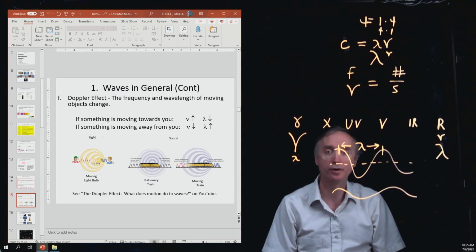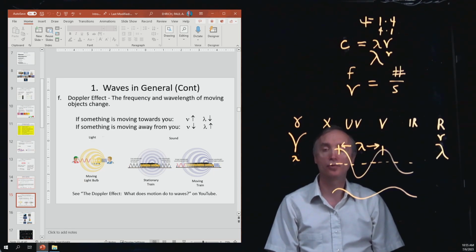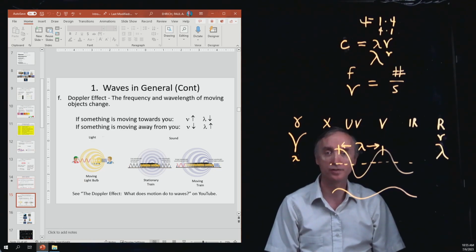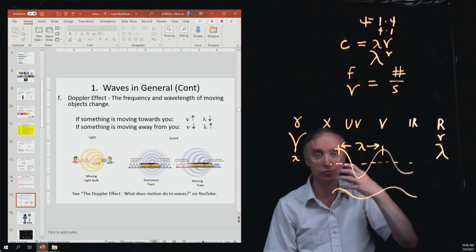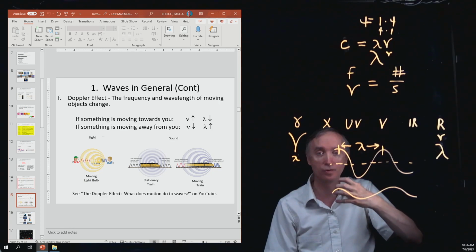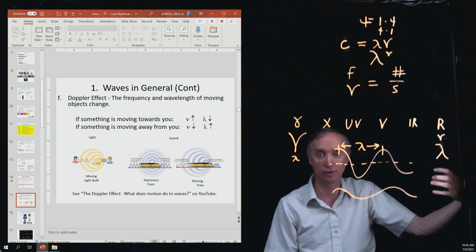Okay, let's keep going here. And another property of waves is called the Doppler effect. The Doppler effect is when both the wavelength and the frequency of a wave change as the source of the wave is approaching you or moving away from you.